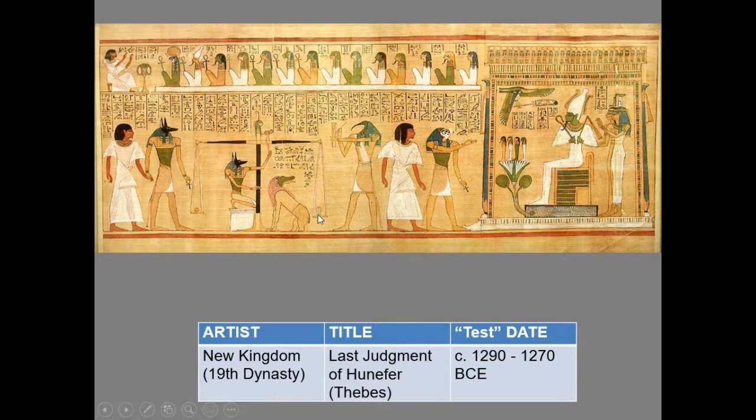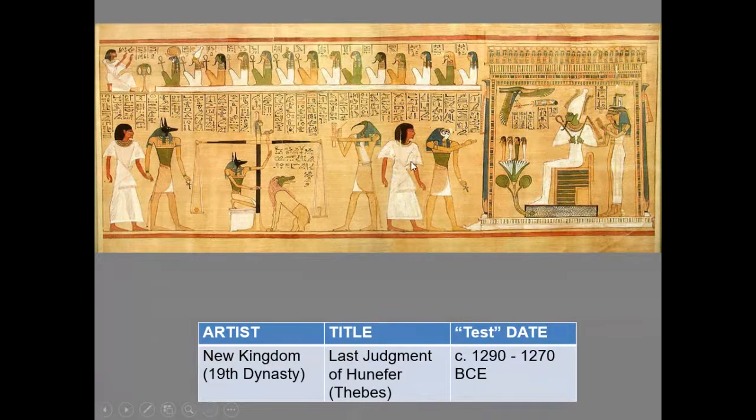The feather is lighter than the heart in the scales, and so that indicates to us that he's lived purely, that his heart is light, and he is able then to earn eternal afterlife. Now, if his heart had not passed the test, he would not be able to go on into this next phase.